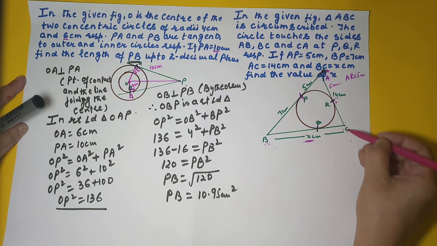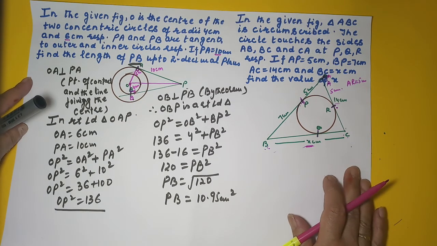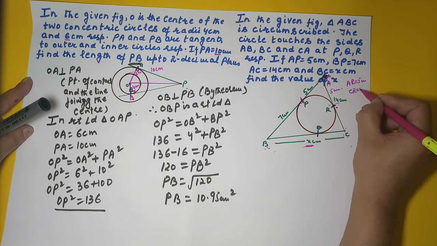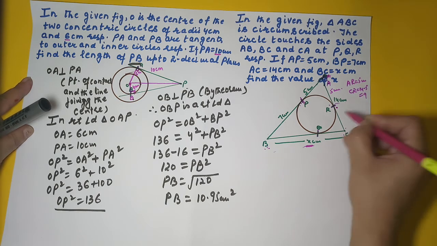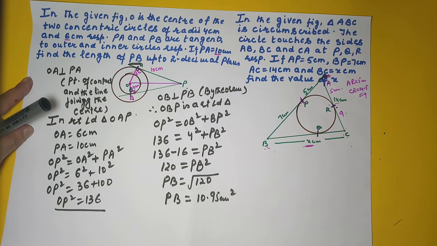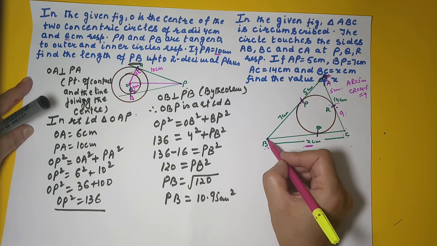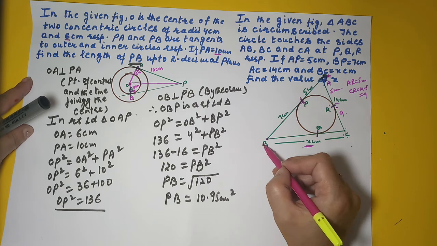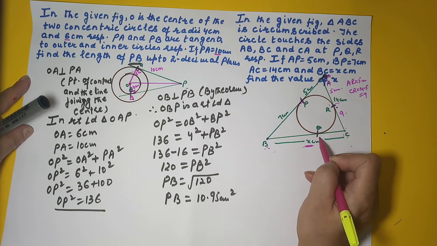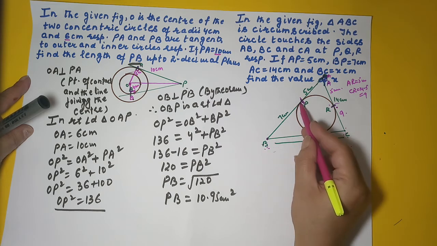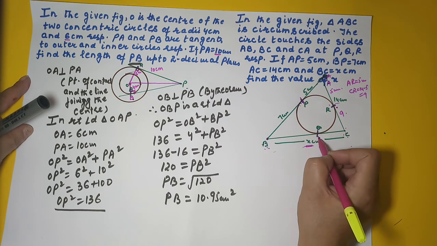But entire AC is 14 centimeters. So CR will be 14 minus 5, which is 9. So we got this 9, right? Similarly, if you look at this point B, this is an external point and BP and BQ are the tangents. So does that mean BP is equal to BQ? Lengths of the tangents drawn from the external point are equal.